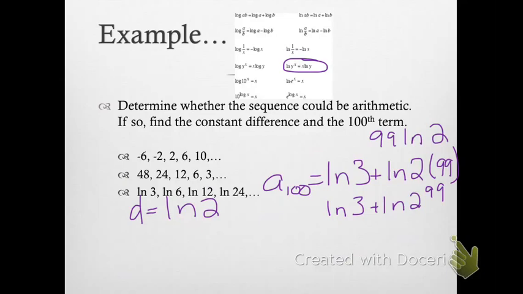And when you add two logs together, you can multiply the arguments of those logs. So we can multiply those two together. And then I can take the natural log of that. And we get approximately 69.72.